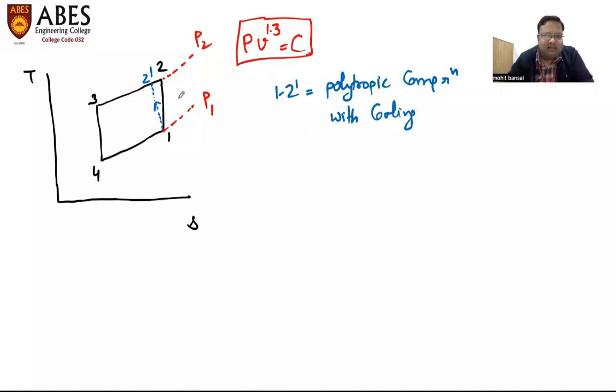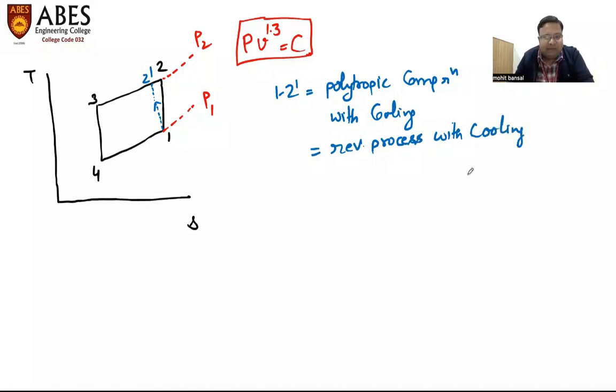Actually, the concept behind this is, if the curve were on the right side of this isentropic process, then that would be termed polytropic compression with friction. Now in this part of 1 to 2 dash, the cooling is simultaneously happening in this process. So this is not an adiabatic process. Rather, 1 to 2 dash is reversible compression with cooling.